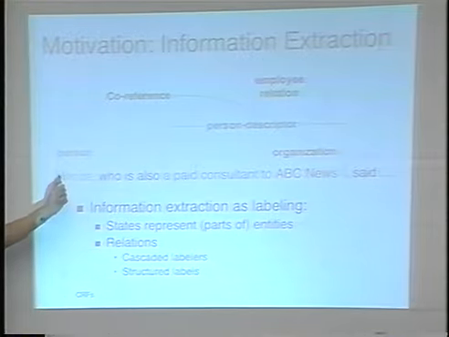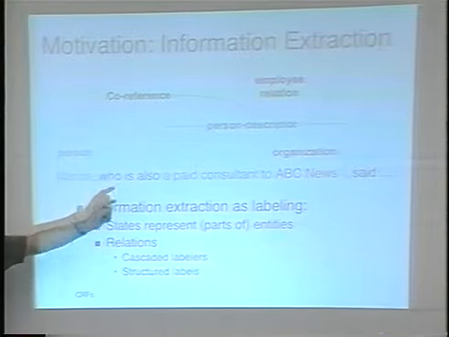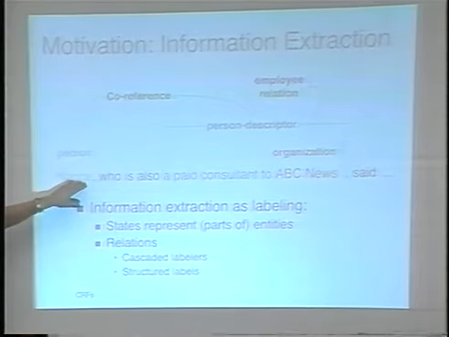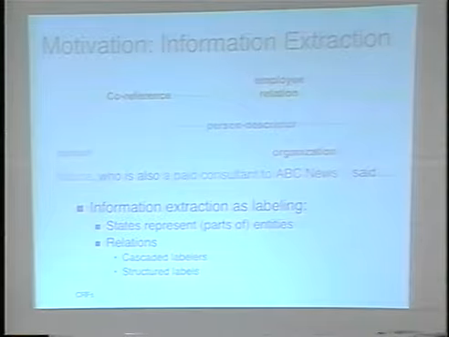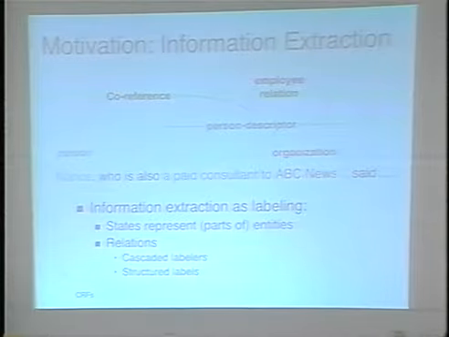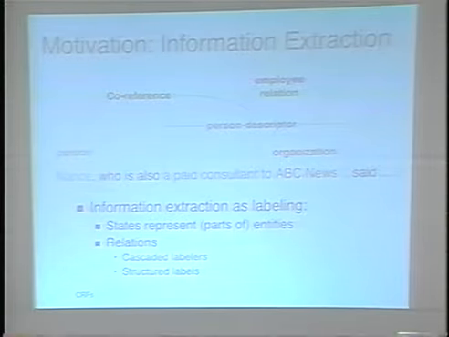Something looks like a name because it's capitalized and is followed by "who." So maybe that's a person name, and so on and so forth. People have built those things by hand as rule-based systems for information extraction. They have been fairly successful, but probably the most successful finite state based information extraction systems have been built with hidden Markov models, on which more later.